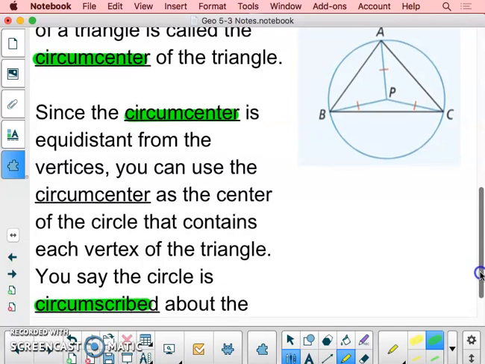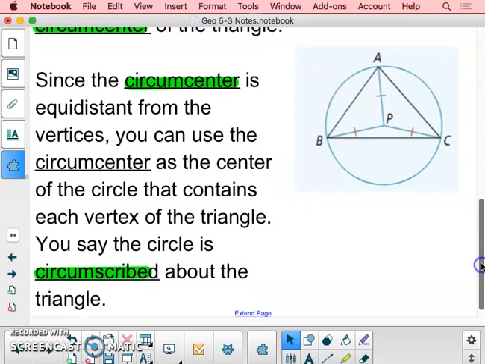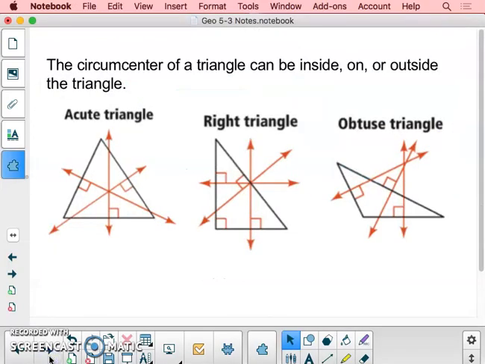In this picture, if this is the circumcenter right here, I'm definitely the same distance away from A, C, and B, which means each of these could act like a radius of the circle with the center as the circumcenter. So that's just what the vocab means. The circumcenter is a point where you can circumscribe the triangle.